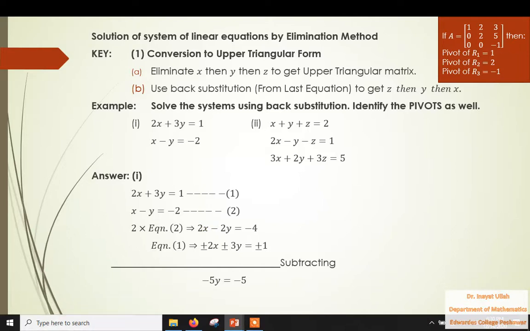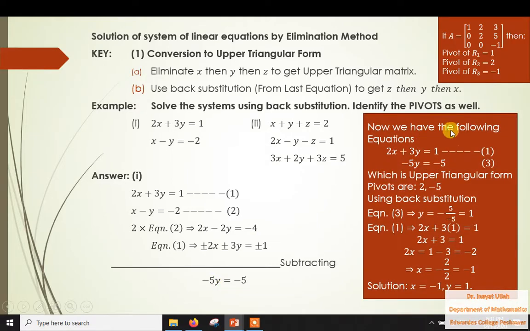Now subtracting, 2x minus 2x cancels, minus 2y minus 3y is minus 5y, minus 4 minus 1 is minus 5. That is the equation obtained by eliminating x from these two equations. So we are left with only one equation in one variable.